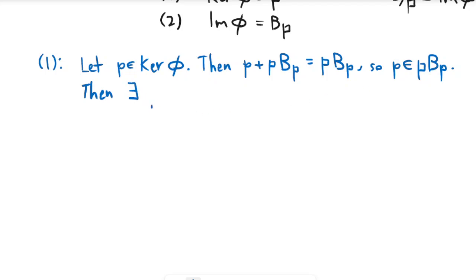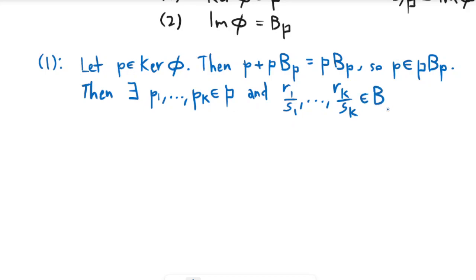It means that there exist P1 through Pk, and these are elements of P, and there exist R1 over S1 through RK over SK in BP, such that P is equal to this sum, P1 R1 over S1 plus dot dot dot plus PK RK over SK, right?